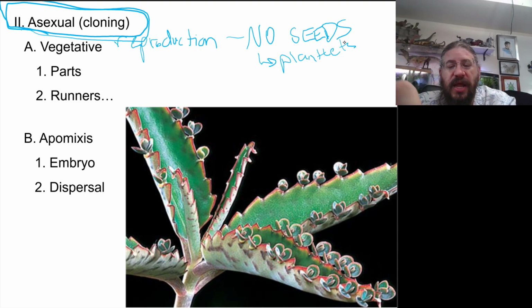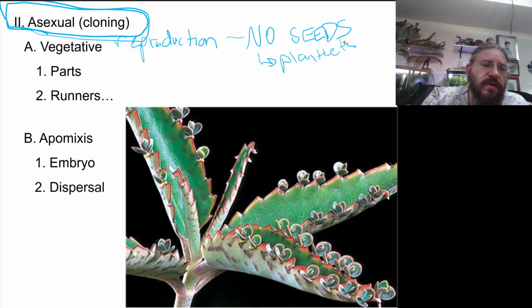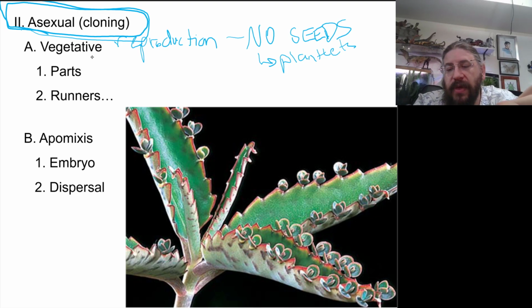Plantlets are basically an itty bitty plant growing on the parent plant that can fall off and then grow a whole new plant. Or you can have reproduction from busted leaves and such like that. New parts are cloned from the parts of the adults.